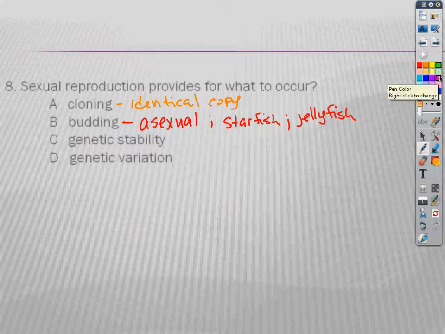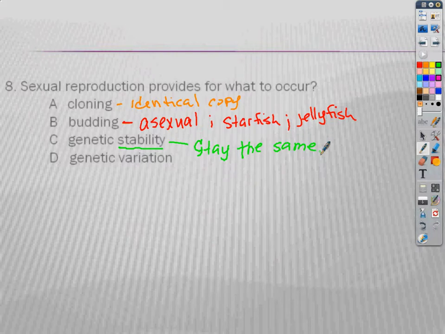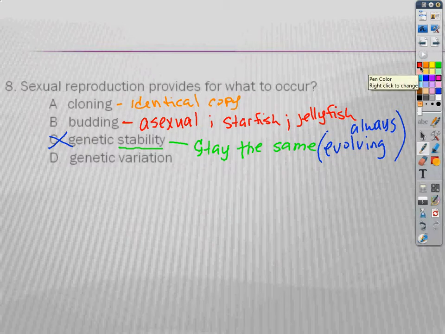Genetic stability. Stability means things stay the same. Well, we're always changing. We're always evolving. So because we're always evolving, things do not stay the same. And so genetic variation, okay?